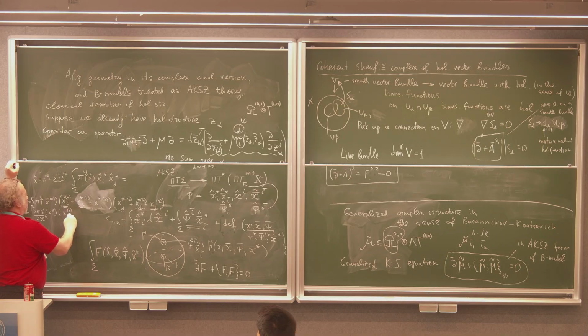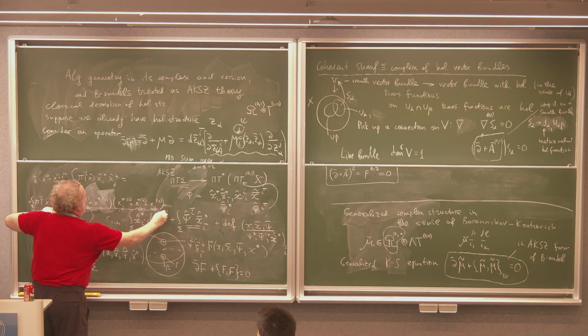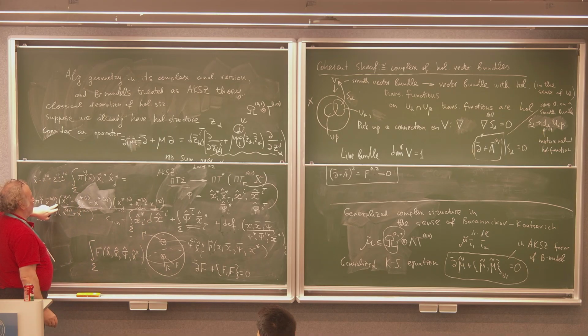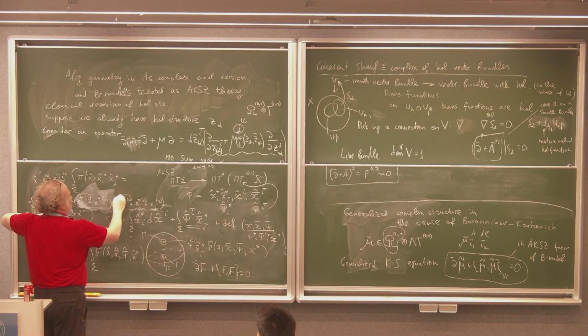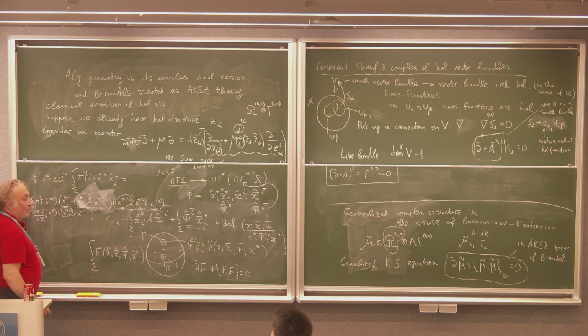X1, K, plus X2, K, and all this multiplied by this gadget. So I need to take one form out of here, one form out of here, and 0 form out of here. That's how these things are going.